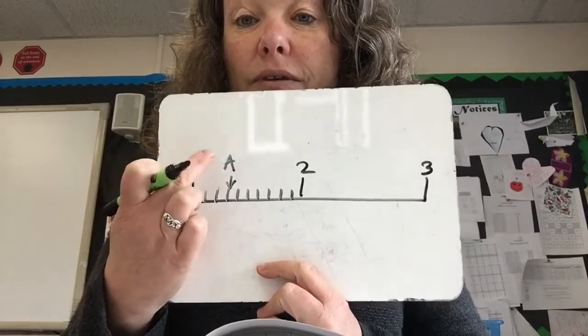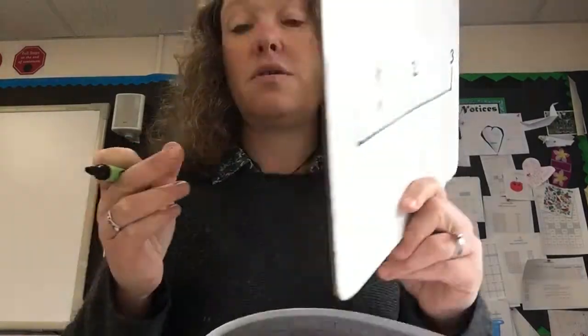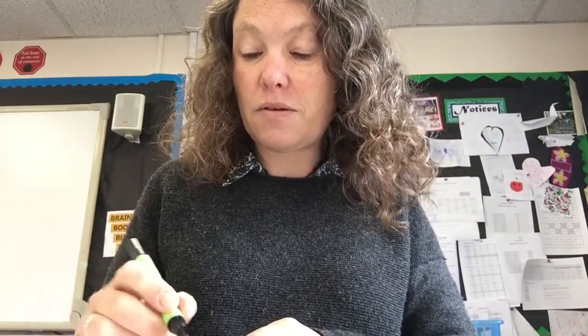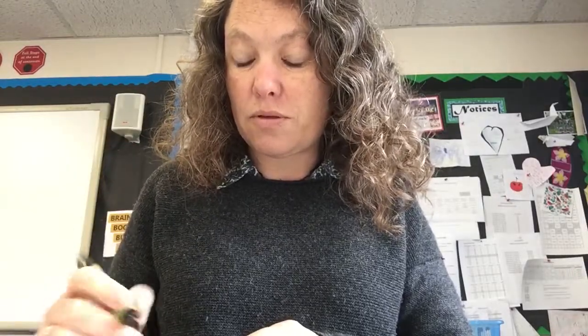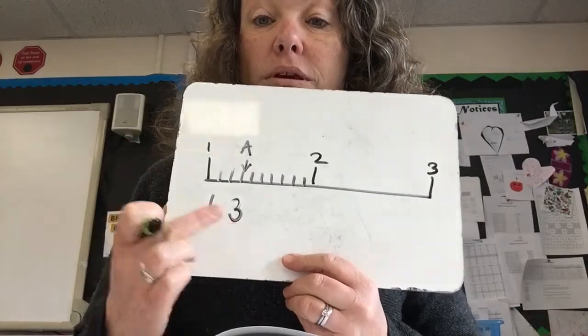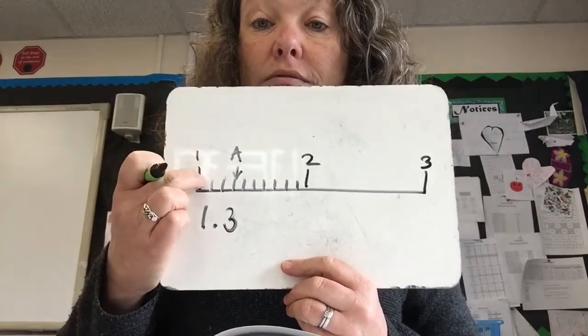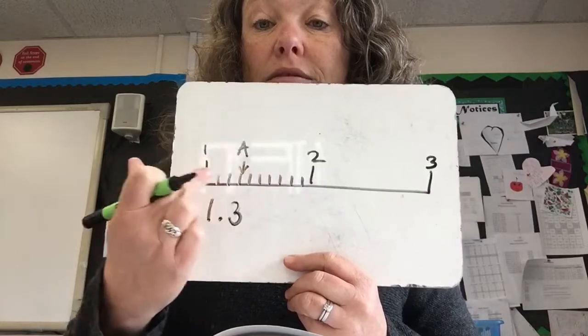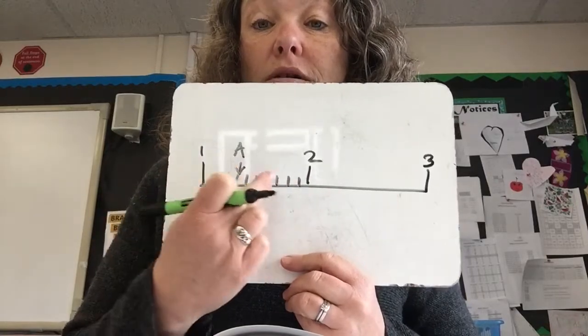So our answer for A is going to be 1 point something, isn't it? You're going to put 1 point, no, it's three lines in, so it's going to be 1.3. So you write A like that, 1.3, because it's one whole one in and it's 3 along, and there are 10 altogether, so that's 0.3 along.